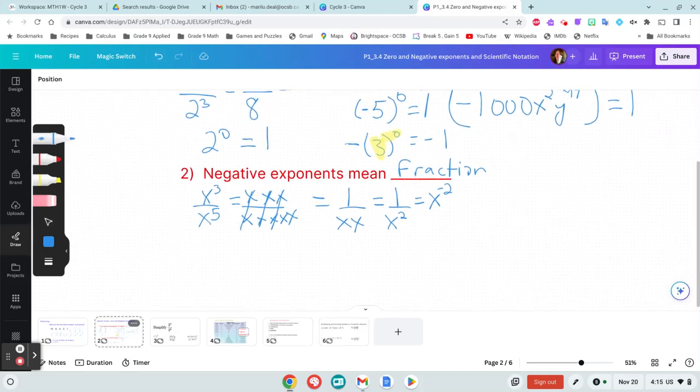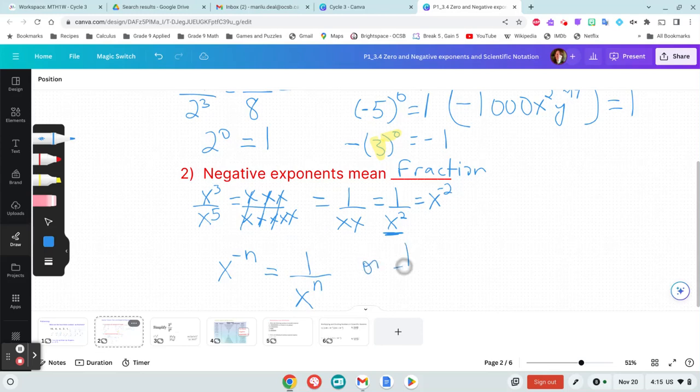So if you'll notice here, 1 over x to the 2, if I use my exponent rules, I would have done 3, take away 5 to get negative 2. So the rule that we have is that x to the negative n is the same as 1 over x to the n.